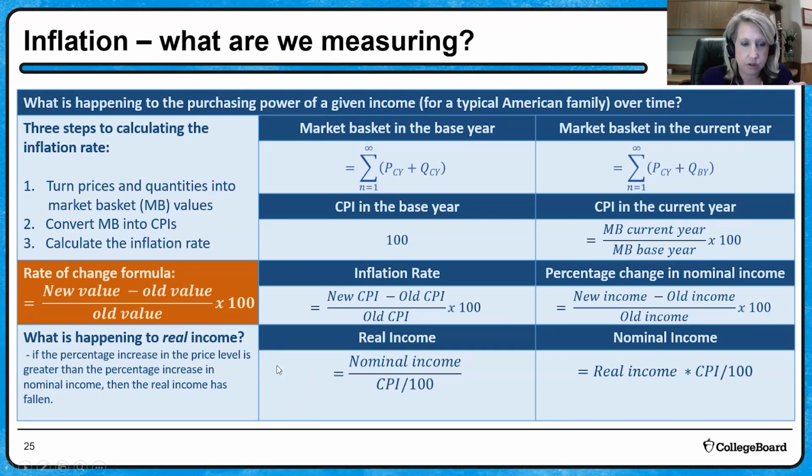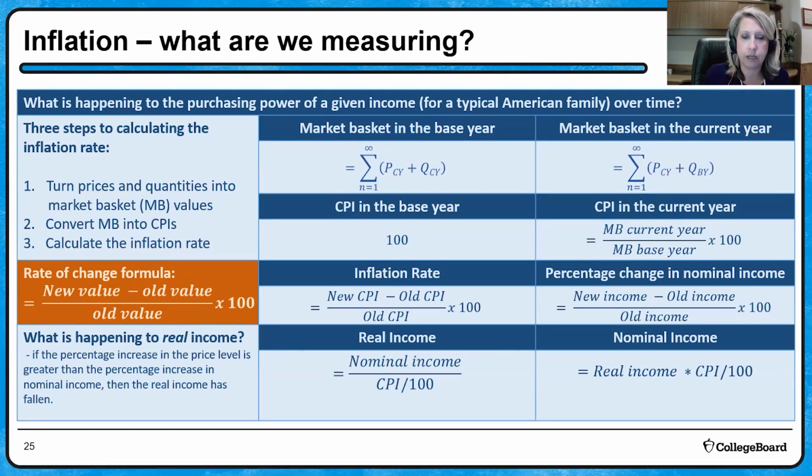Why do we have to be able to do this? Because knowing what's happening to the inflation rate, to real income, and to nominal income, we can determine whether or not a person's given nominal income is buying more or fewer goods. Remember, inflation erodes the purchasing power of a given income.